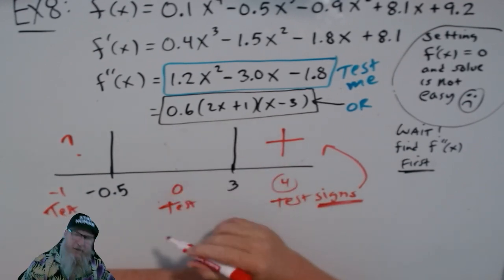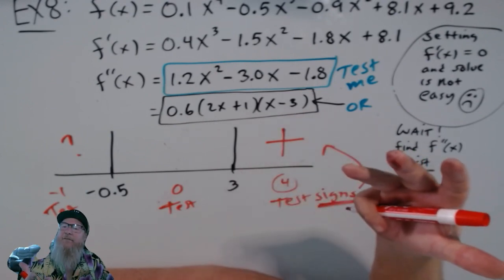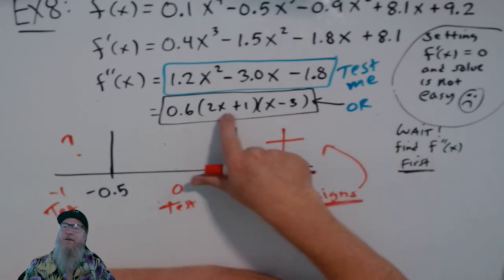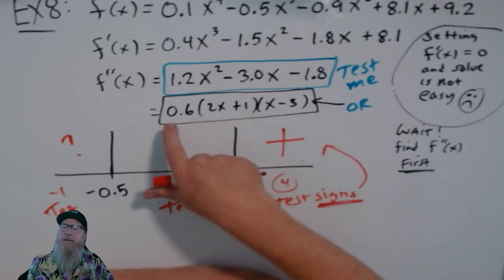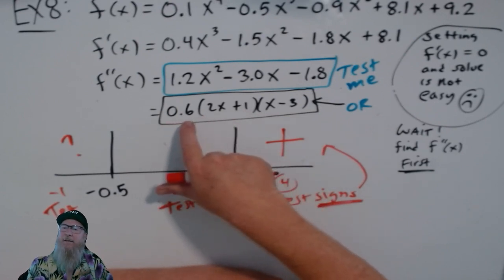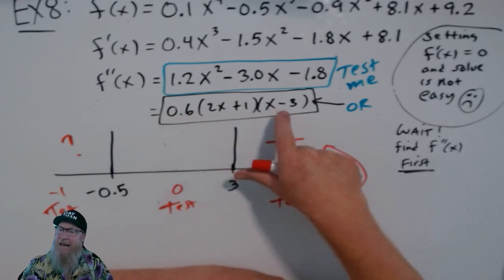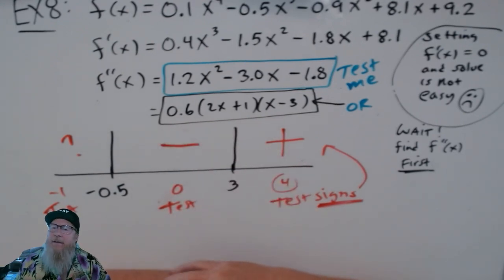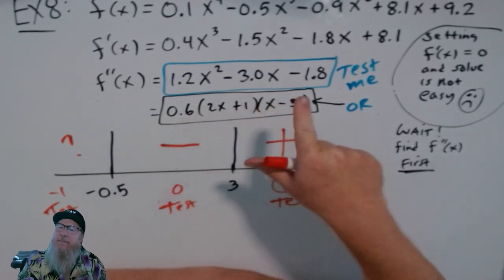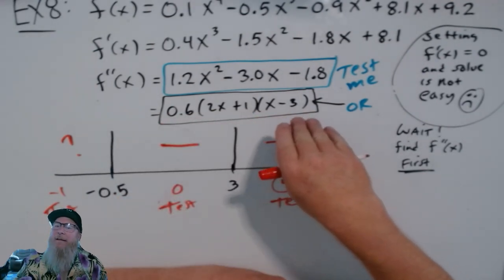All right, test 0. 0 minus 3, that's negative. 2 times 0 plus 1, that's positive. Times 0.6, positive. So you have a positive and a negative. Well, that's a negative. Remember, factors are multiplicative. You're multiplying them.